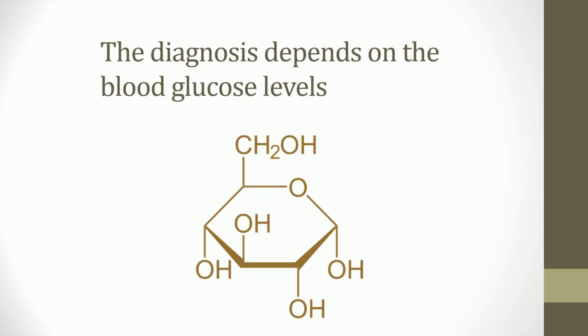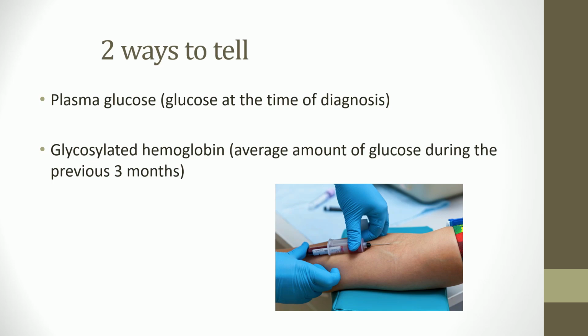So the diagnosis for diabetes depends on glucose levels in our bloodstream, in our blood samples. We have two main types of studies in our blood that lead us to the diagnosis of diabetes. We have plasma glucose, that is, right now I'm going to check the level of glucose in your blood.